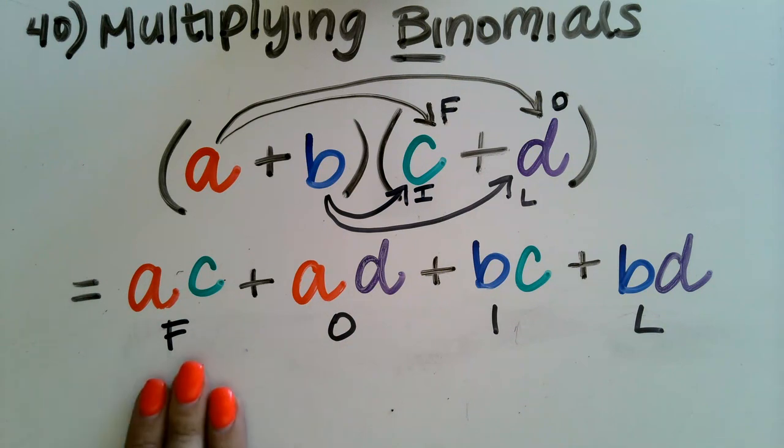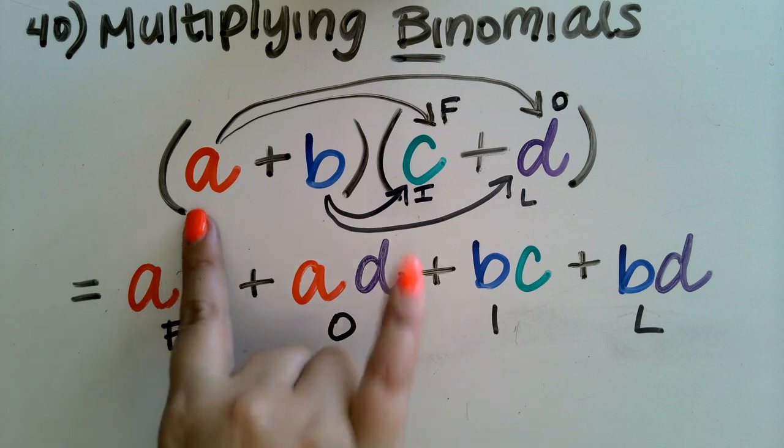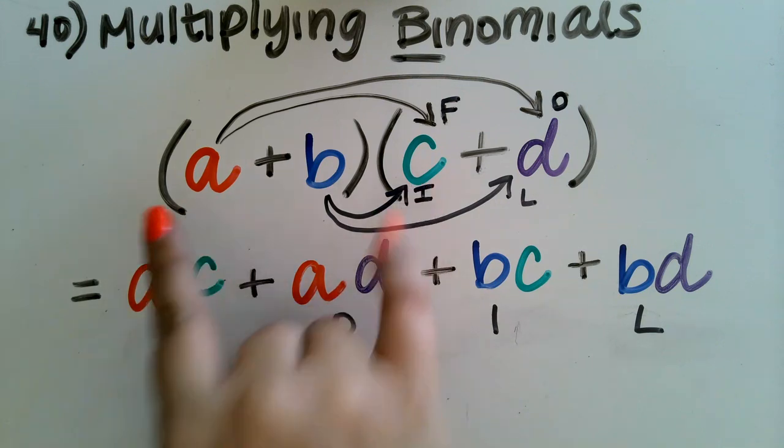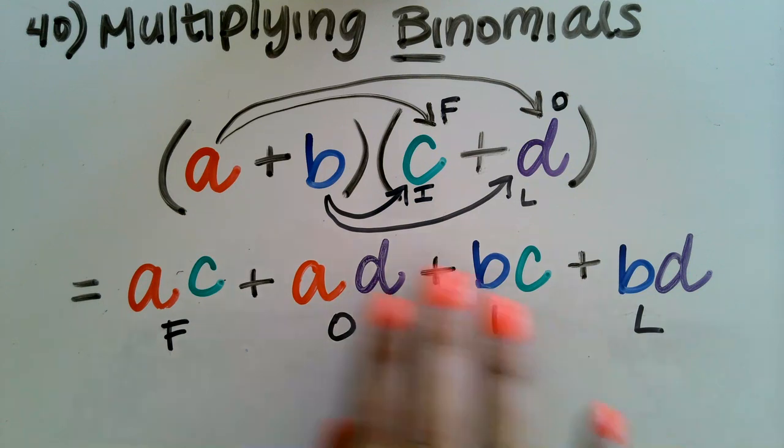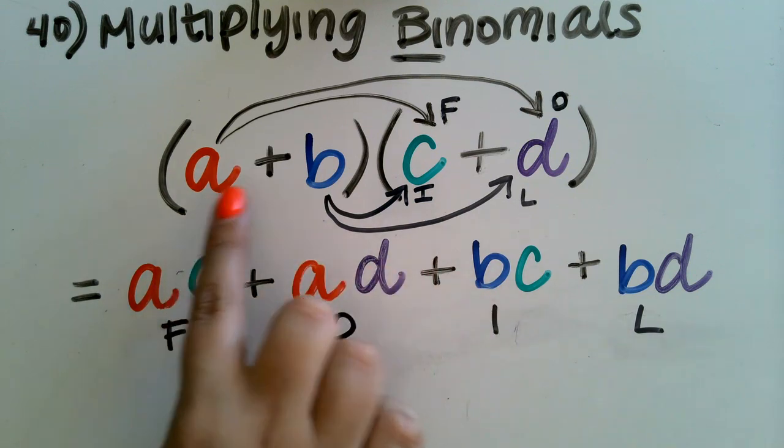Let's remember that F stands for first, which is when we're multiplying A times C together. You can always use this process, whether the variable is sitting in this term or in this term.